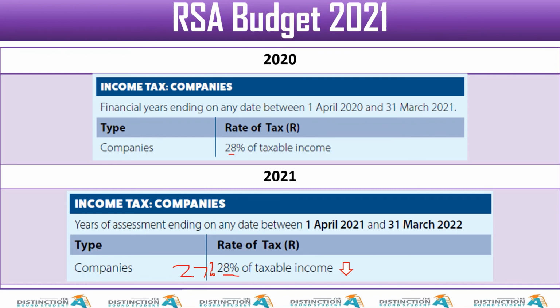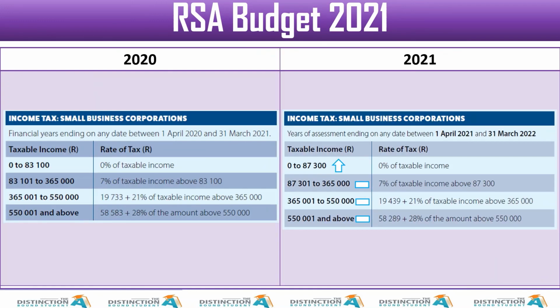This is a good thing, because it will be good to those companies and to investors. Investors will not be taxed that much, so people in America would want to invest in South Africa, because of this decrease of 1%, which means they won't have to pay more tax.